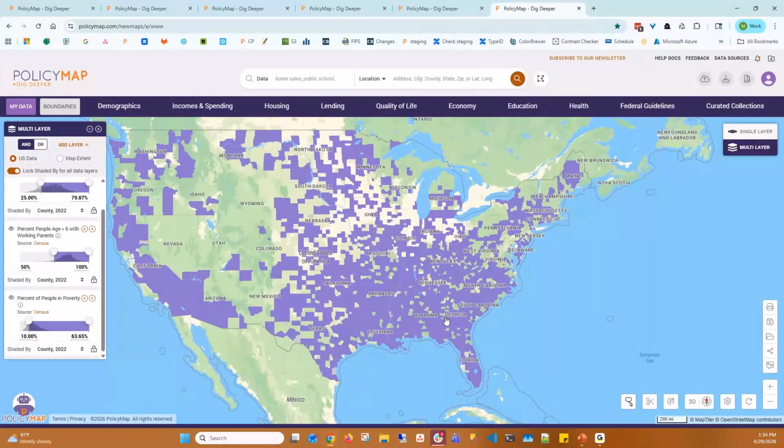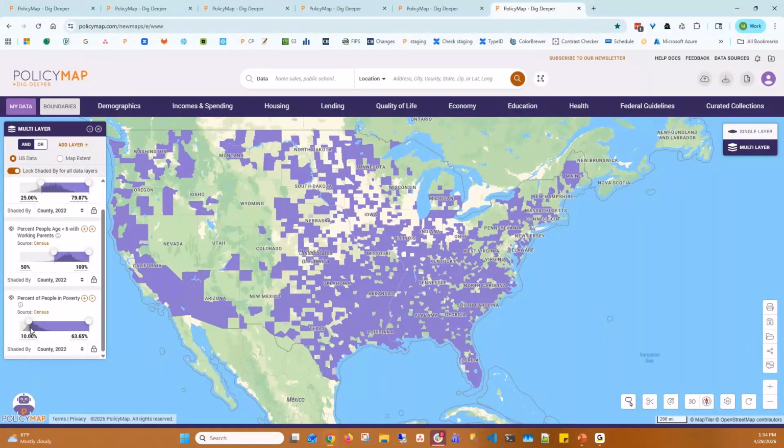As we all know, rising utility costs and constricting costs weigh on a household with young children. But let's say I really want to see the communities that are hit hardest, that are most in need of alleviation of childcare and utility costs. I can start to toggle and play around with these metrics here.